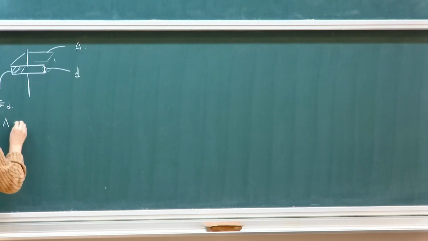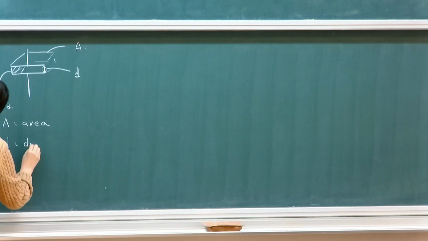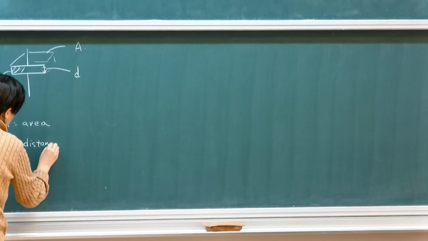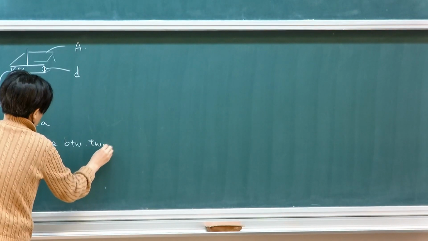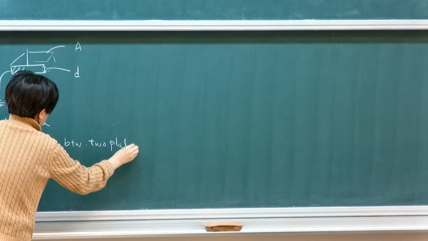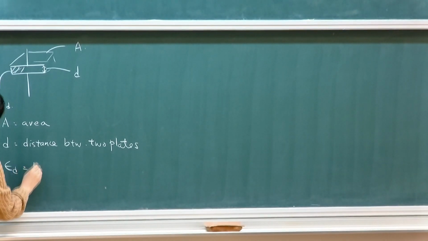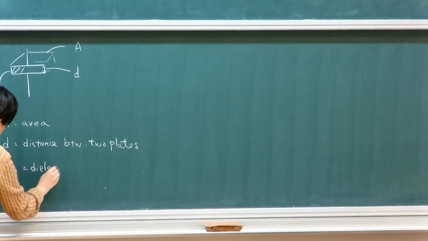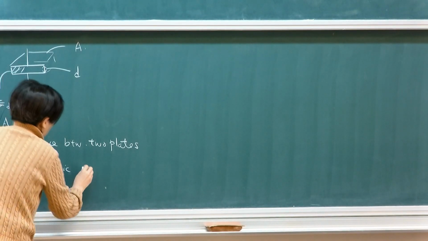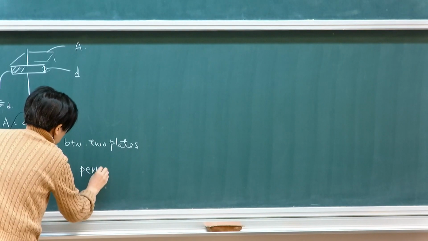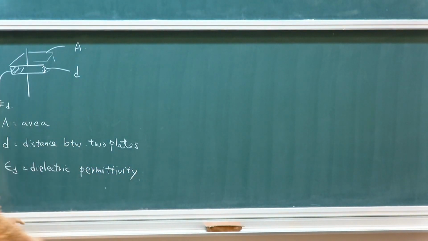So A is its area, D is the distance between two plates, electrodes, and this is the material dielectric permittivity. Okay?